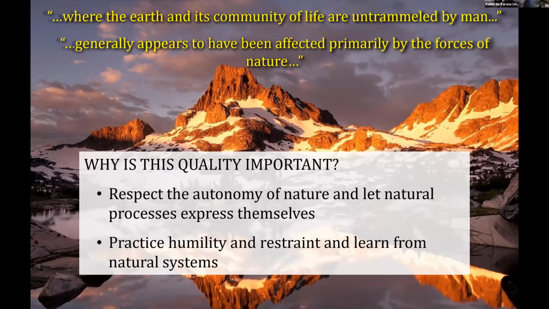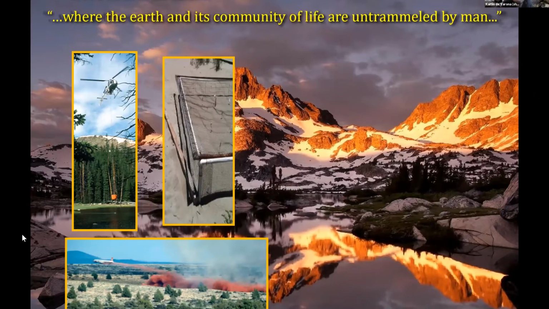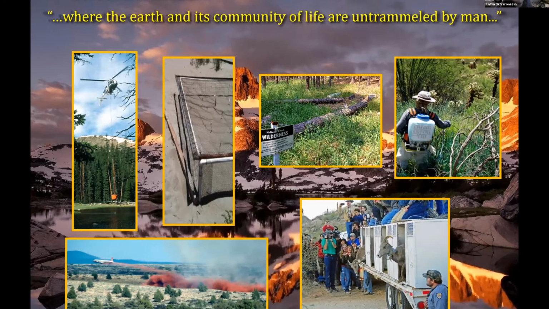So here are a few examples of things that might degrade this quality of untrammeled. Things like maybe stocking fish in our lakes or streams, perhaps addressing non-native invasive plant species, putting out wildfires.